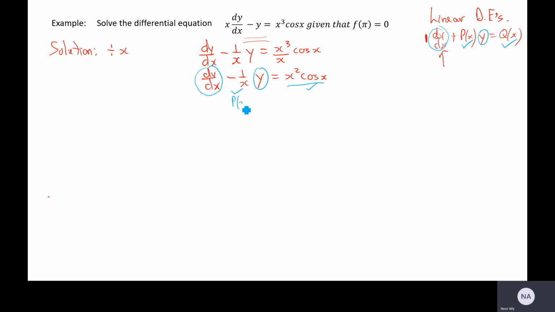So this is p of x and this is q of x together with the sign. So there you go. You get to that stage where you have it in the correct form.